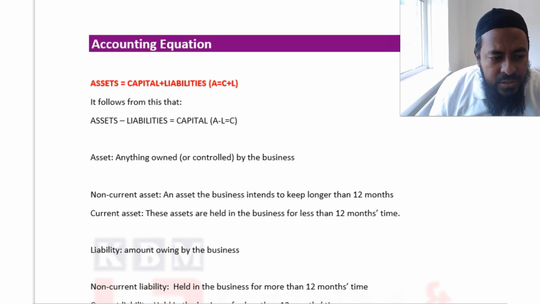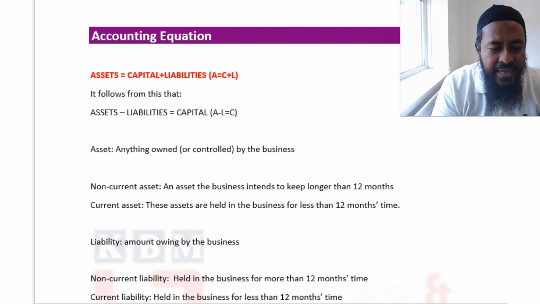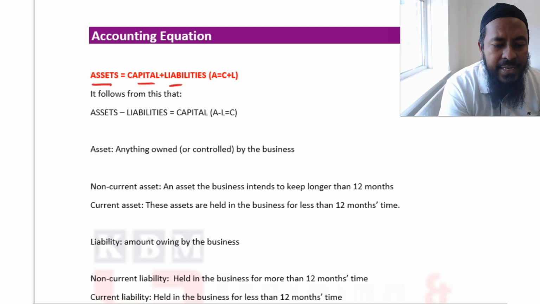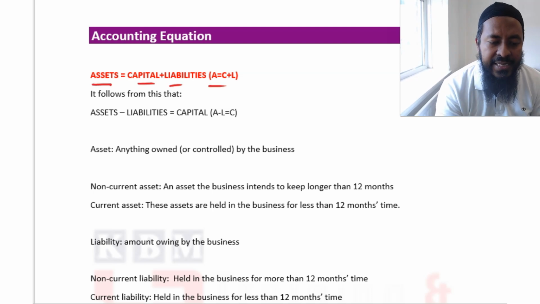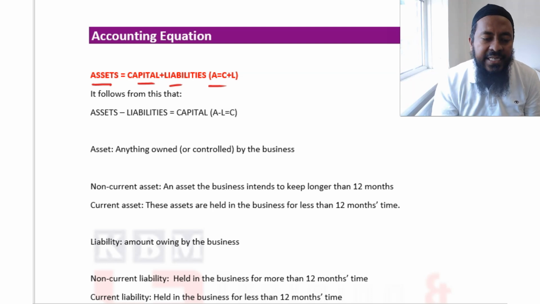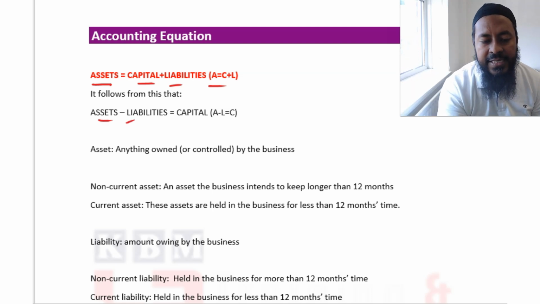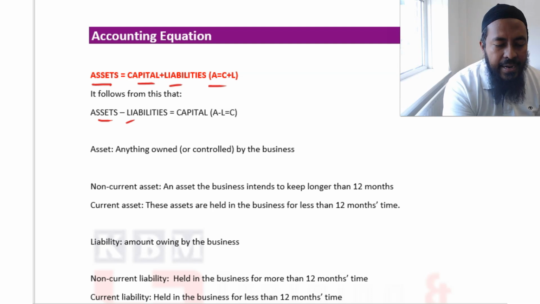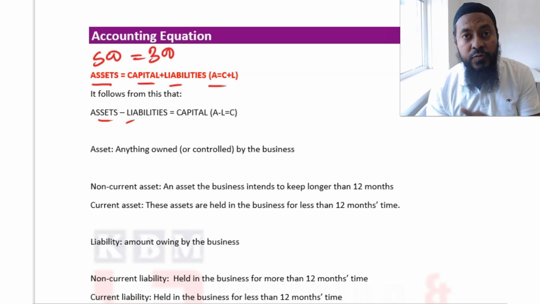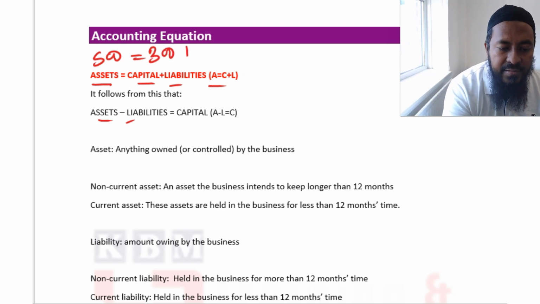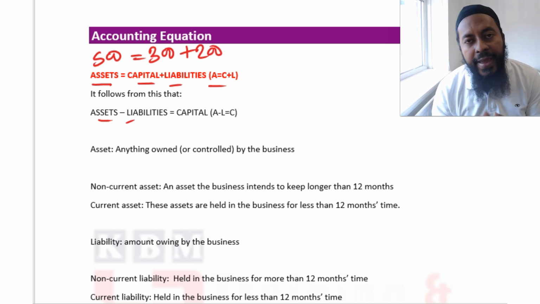Now, talking about the accounting equation: assets equals capital plus liability, A equals C plus L. You can always change it: assets minus liability equals capital. For example, if my assets are, let's assume, £500, that equals capital, the money put into the business by the owner, plus a 200 loan from the bank or friends or family.